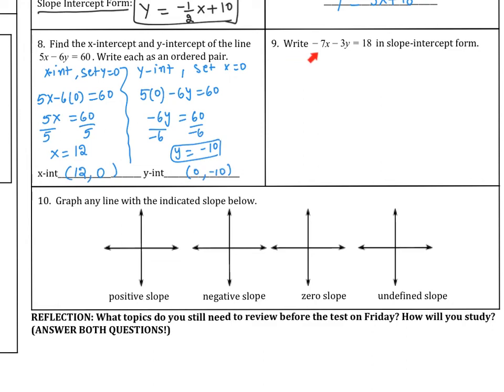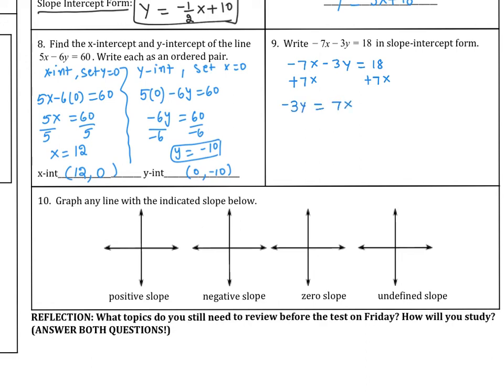Question number 9. Write negative 7x minus 3y equals 18 in slope-intercept form. If you notice, this is given in standard form. Slope-intercept means that you're going to isolate the y from this equation, and that will be your slope-intercept form. To do that, our first step is going to be to remove the x term from this side and add 7x to both sides.